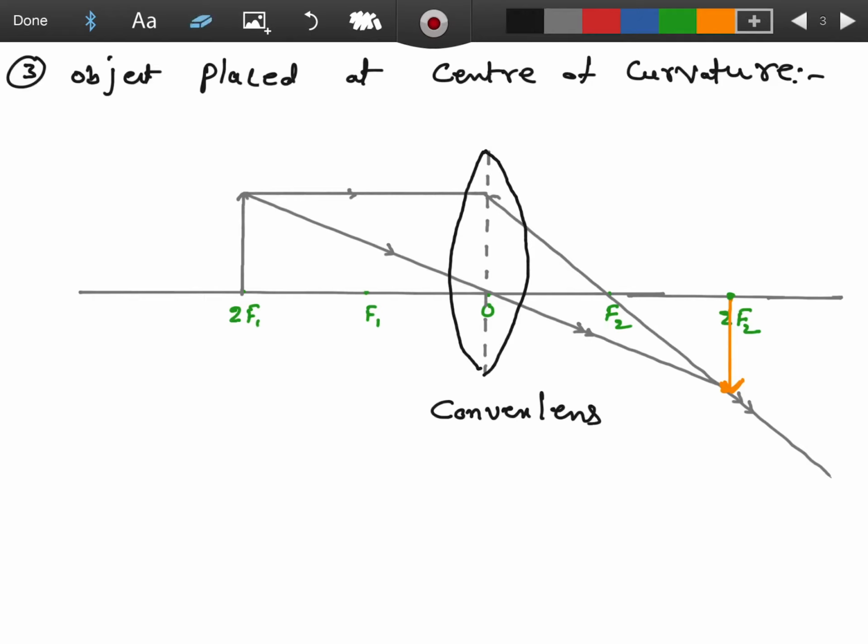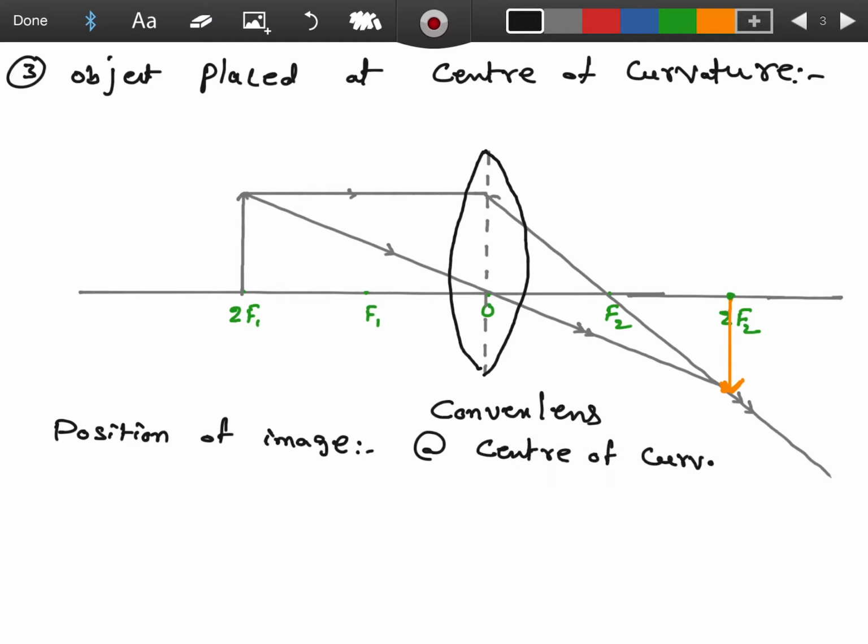Then the position of the image: it is at 2F2 or center of curvature, which is 2F2.